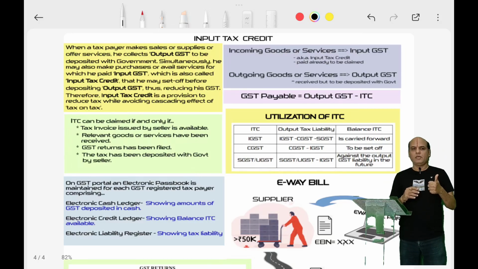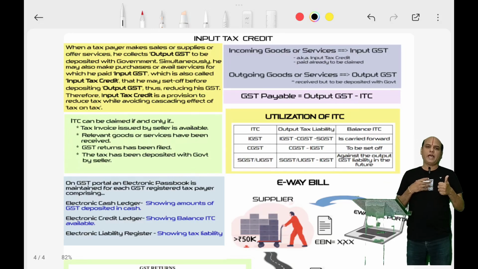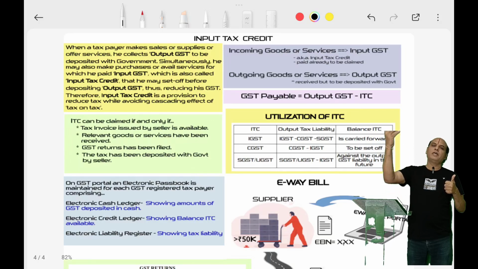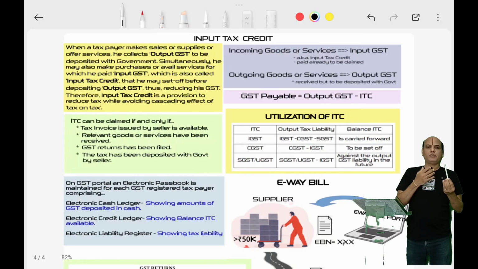One, I should hold a tax invoice that is issued to me by the supplier of goods or services that I avail. Suppose I buy a pen, I have an input tax credit to my account, but I need to have a tax invoice issued by the stationery shop that I have bought this pen. That is the first condition.